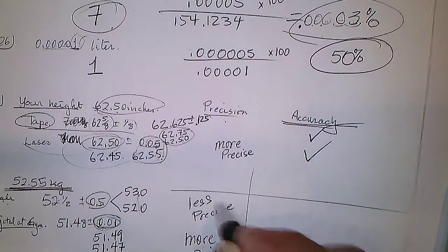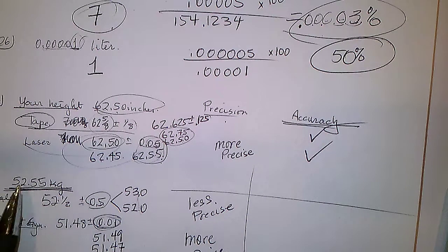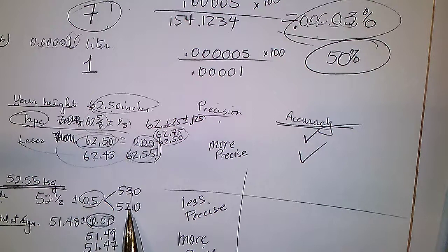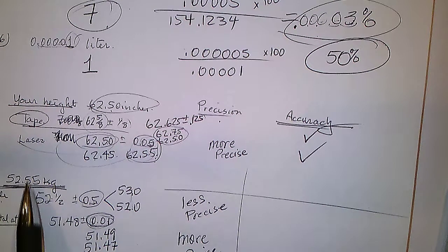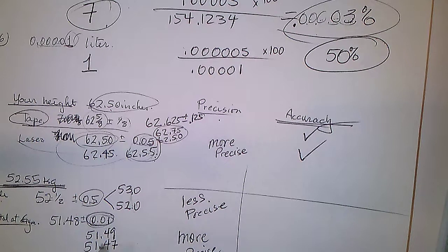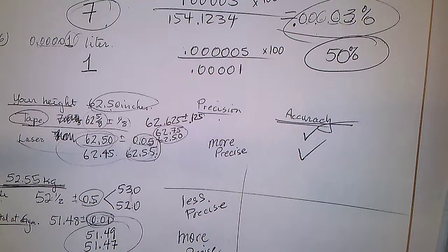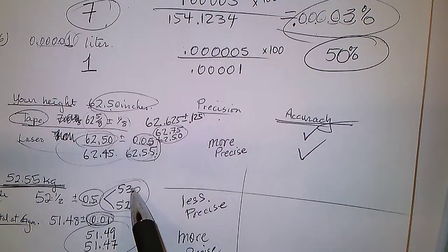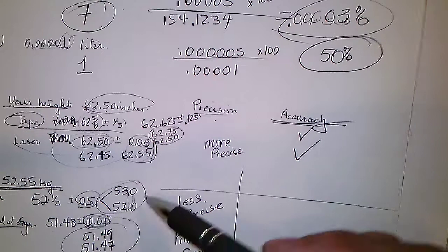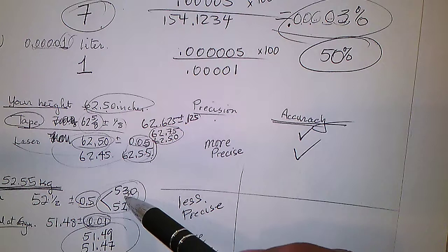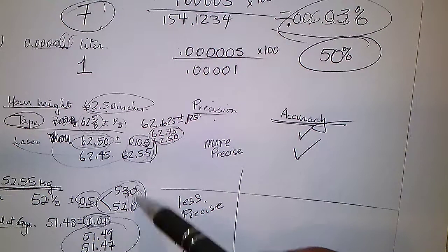But which one is more accurate? Well, the real number is this, which is between these two and not between these two. This one missed. This one gets the correct answer, but it could be off by a ways.